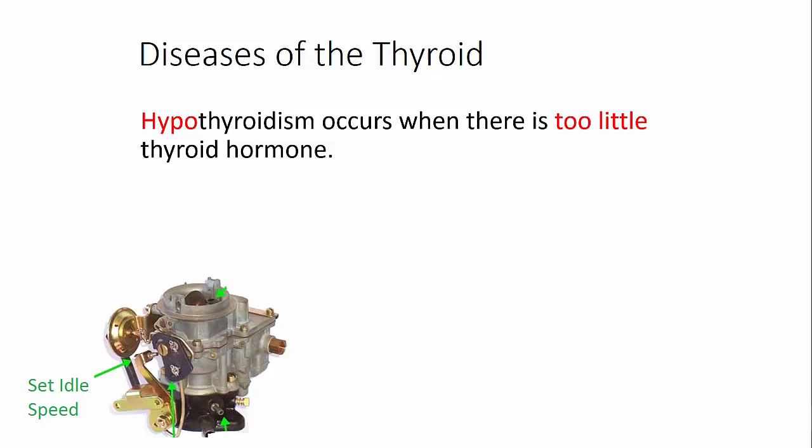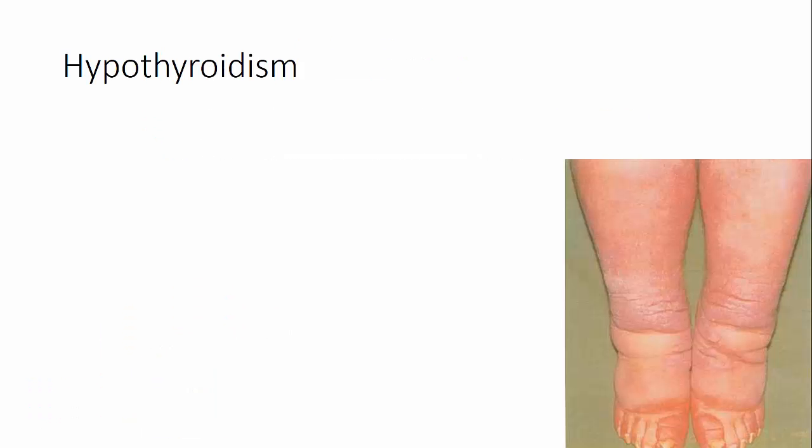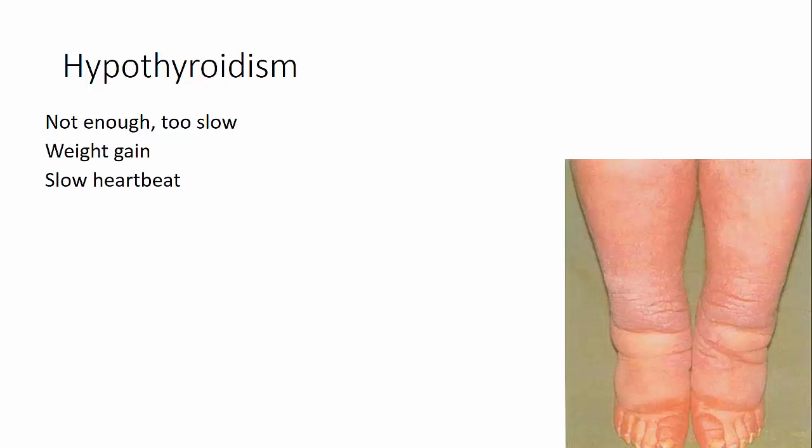Hypothyroidism occurs when there is too little thyroid hormone. The idle speed is set too low. Symptoms and signs of hypothyroidism include weight gain, slow heartbeat, depression, impaired memory, sensitivity to cold.